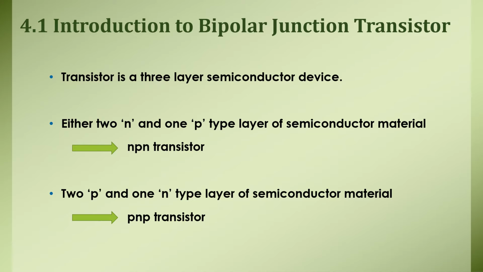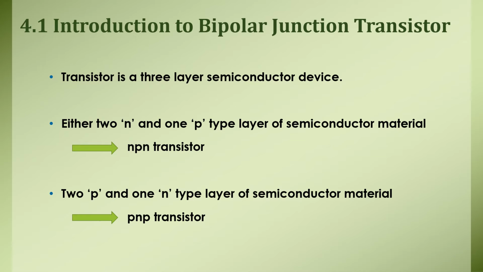So friends, a transistor is a device which has three layers, and these three layers are of semiconductor. Means a transistor is a three-layer semiconductor device. On the basis of construction, we can repeat one of the semiconductor materials, either n-type or p-type.